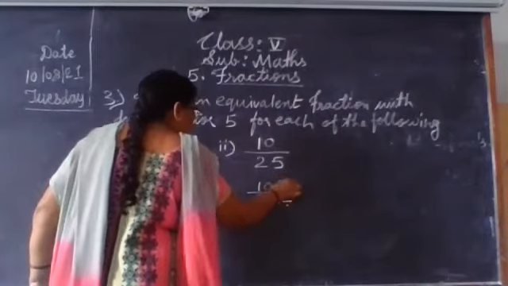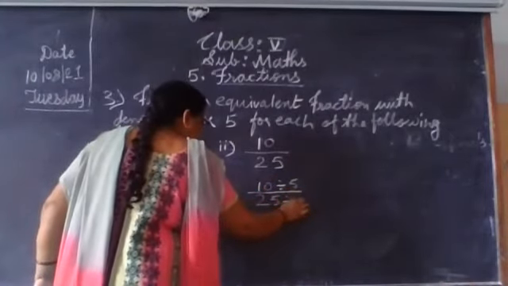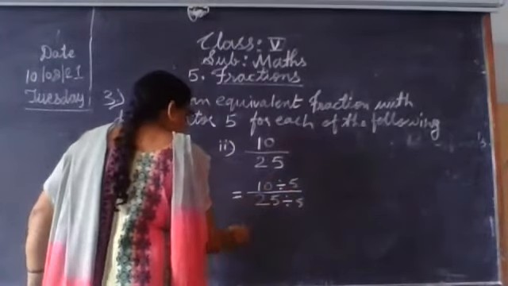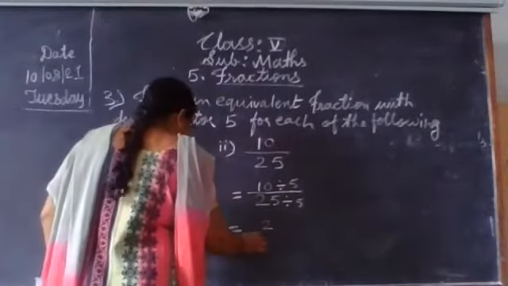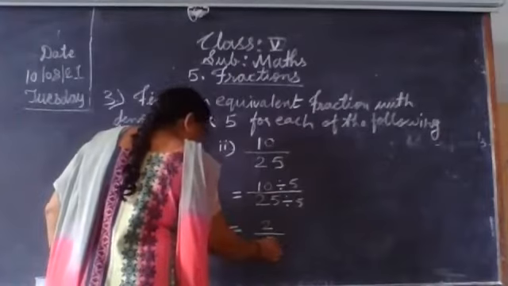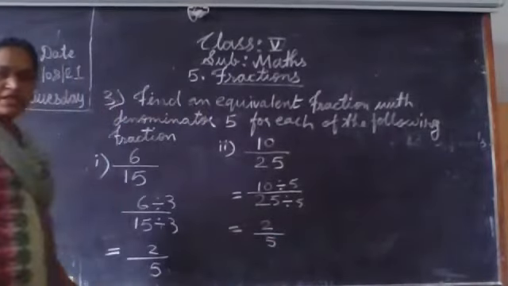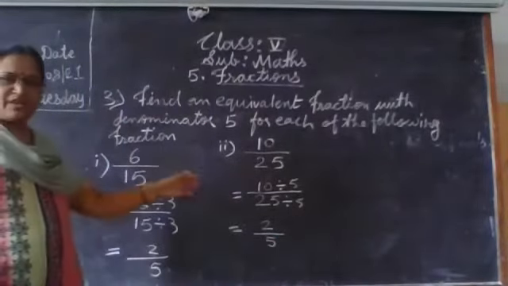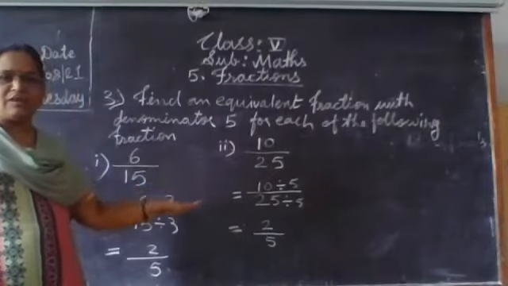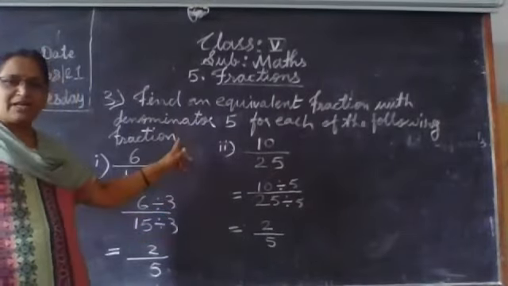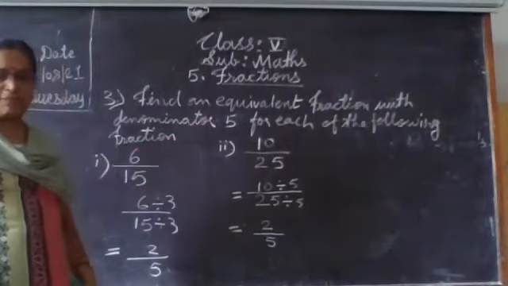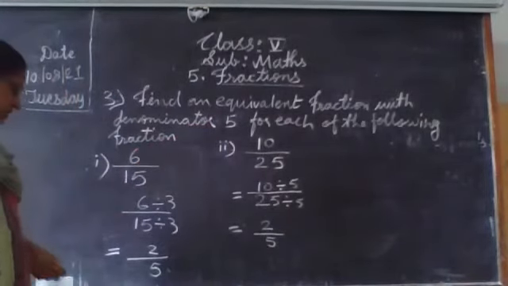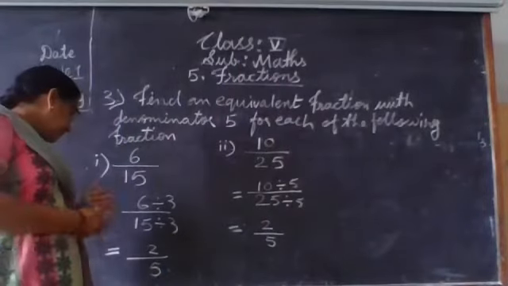So the numerator is also divided by 5. 5 twos are 10 and 5 fives are 25. So in this way, you can find equivalent fractions with denominator 5 by the division method. Got it, children? So let's see another type.